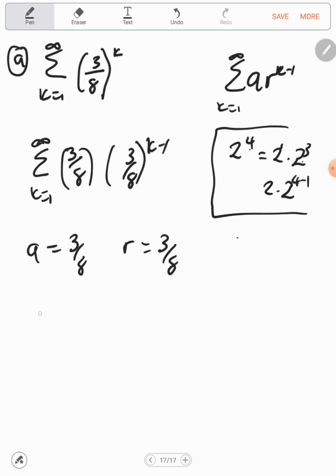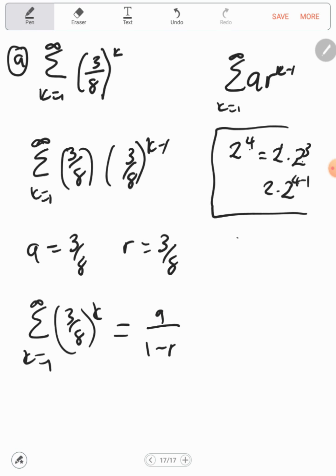And remember, the sum is just a over 1 minus r, which is 3/8 over 1 minus 3/8. Okay, and the answer is 3/5.